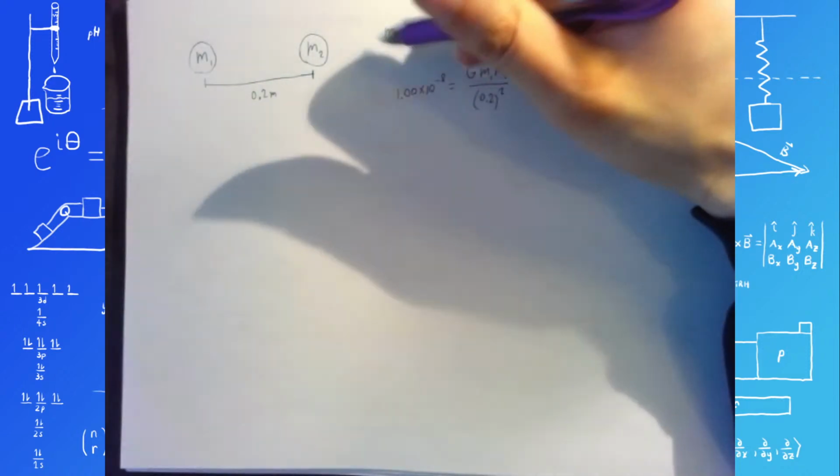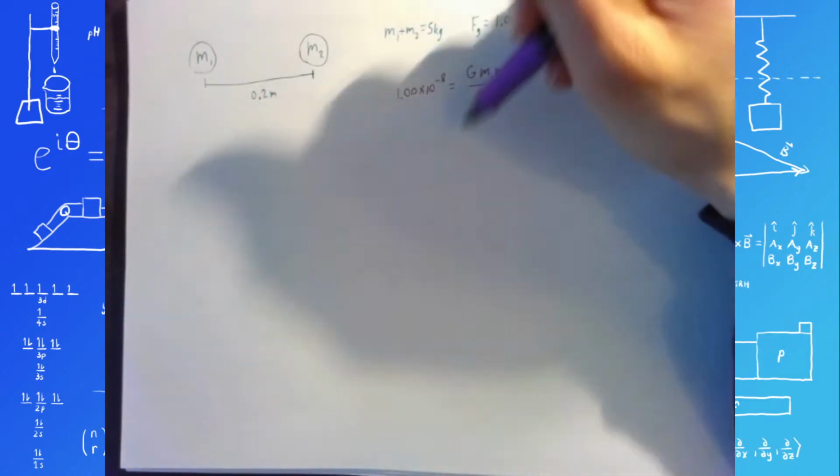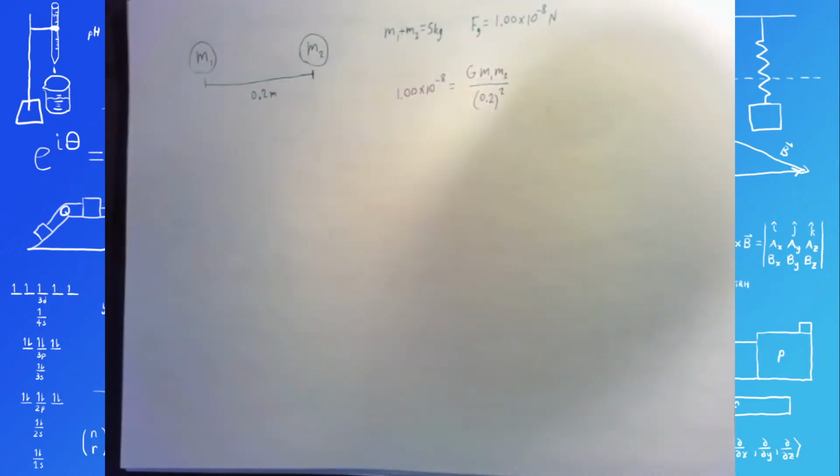I can multiply the 0.2 squared over to the left-hand side and divide by big G. So 1 times 10 to the negative 8 multiplied by 0.2 squared, and then divided by 6.673 times 10 to the negative 11 is 5.994305. I'm going to round that to 6.